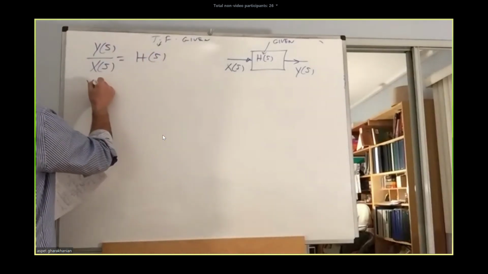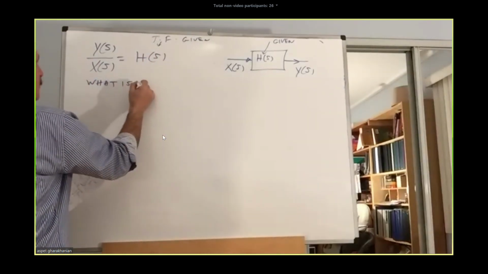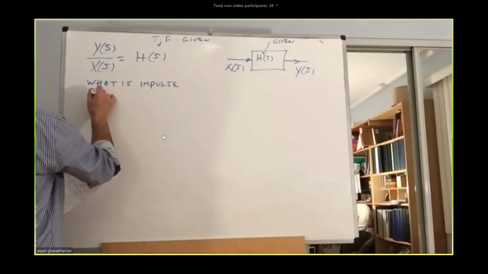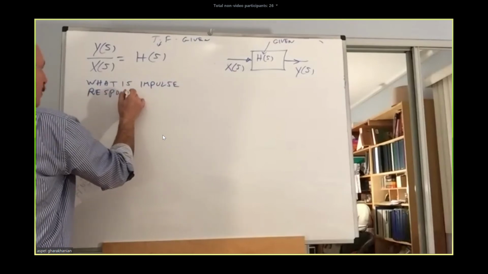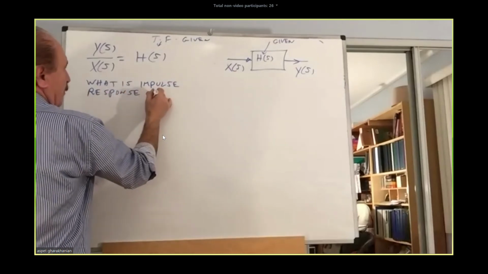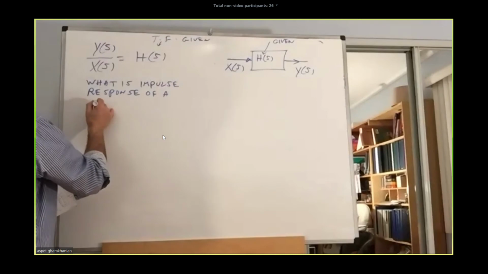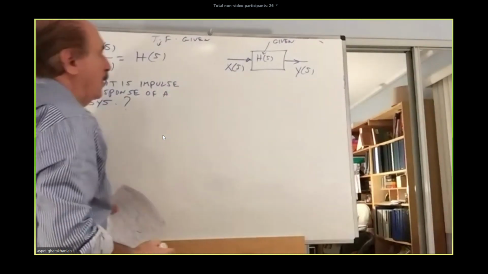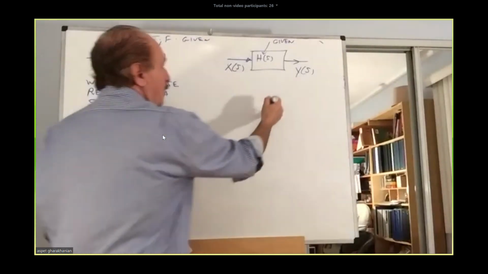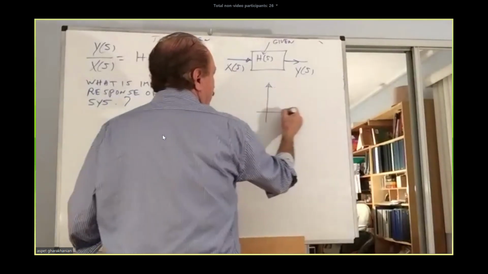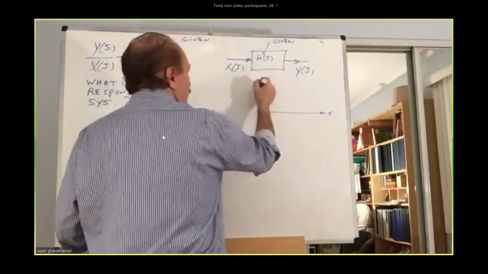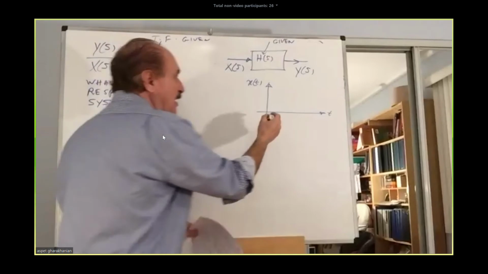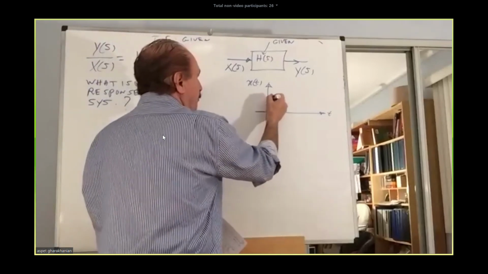What is impulse response of a system? Okay, impulse response means that you take your x of t, and you apply literally an impulse.